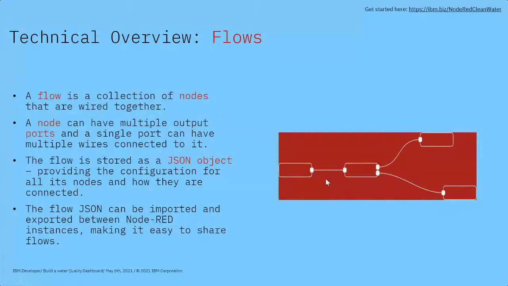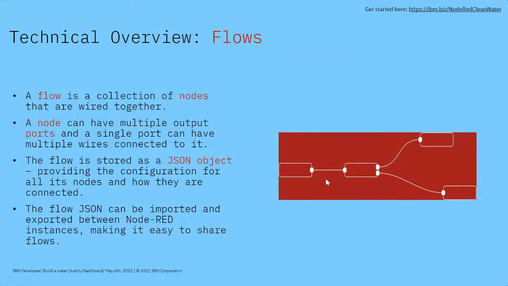We all understand what a flow is. There's a start, there's an end, and the entire flow is created by the nodes. Nodes could have multiple input and output ports. They're wired together, and nodes do different things. The flow is stored in a JSON object, and it provides the configuration for all its nodes and how they're connected.